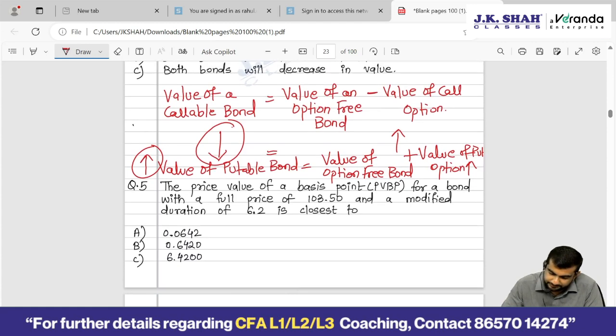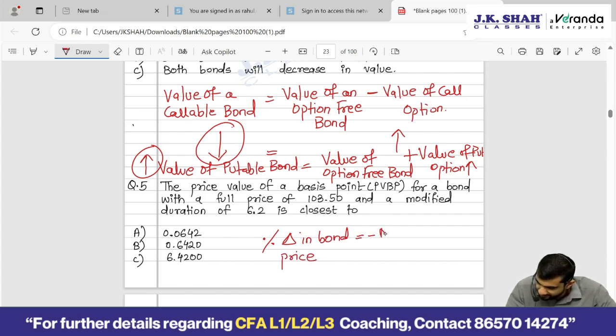Fifth. Okay. What is price value of basis point? Price value of basis point simply means the impact on your portfolio due to a 1 basis point change in the yield. 1 basis point is how much? 0.01%. So percentage change in bond price is minus modified duration into delta YTM.